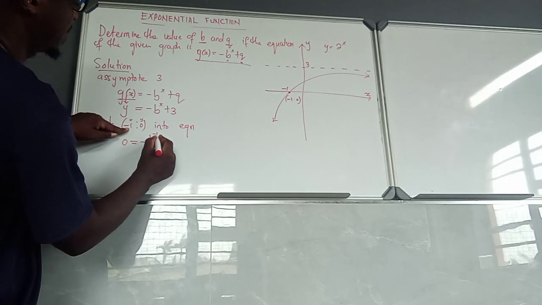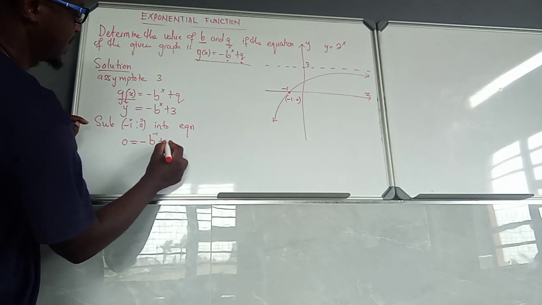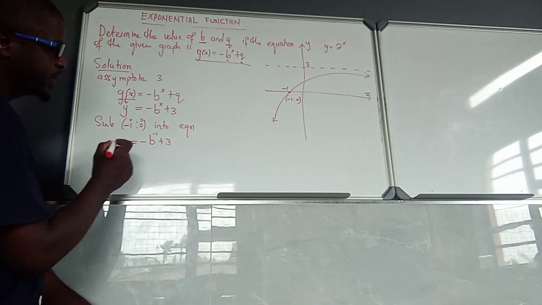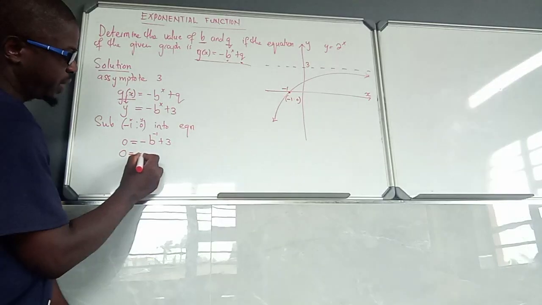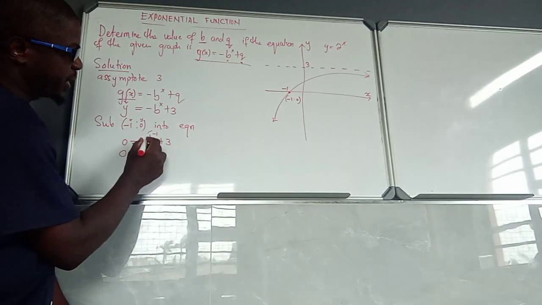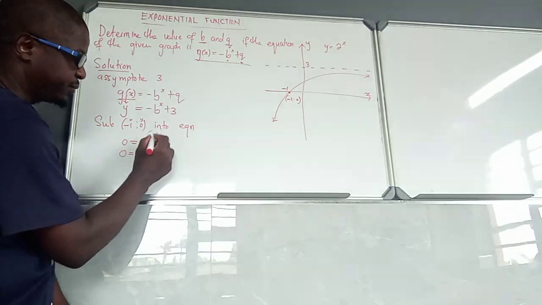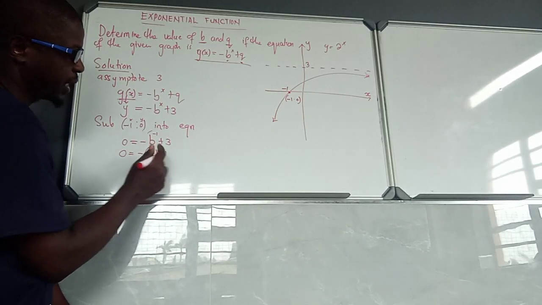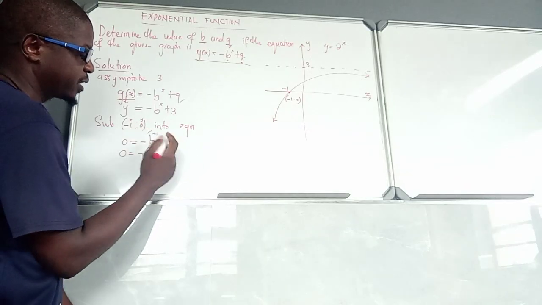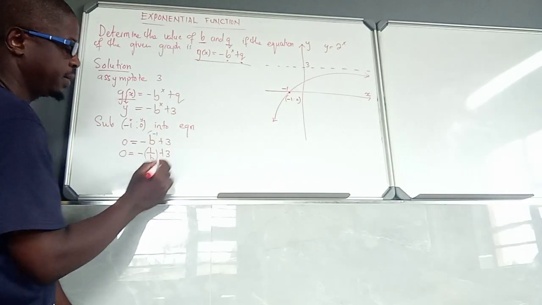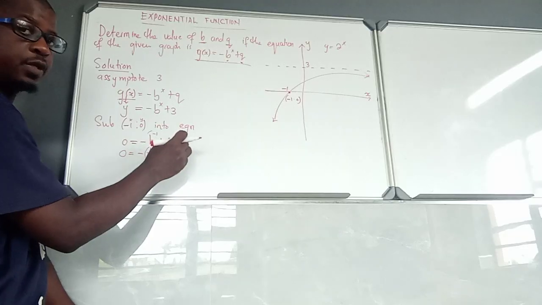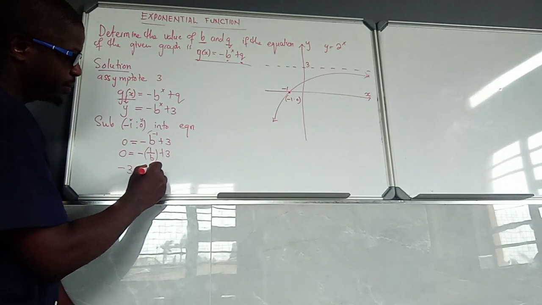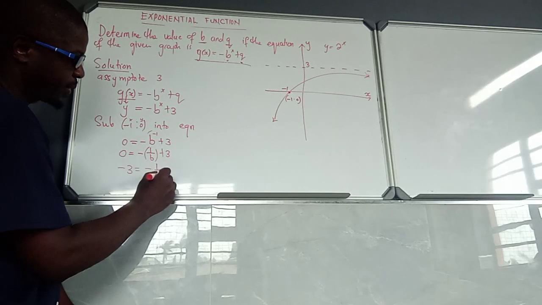So we have -1, and then plus 3. Now I can express this one as 0 is equal to minus, an expression with to the power of -1 is the same as 1 over b, plus 3. I can put brackets or remove brackets, all the same. So I'm going to take this 3 to the other side of the equation. I have minus 3 is equal to minus 1 over b.